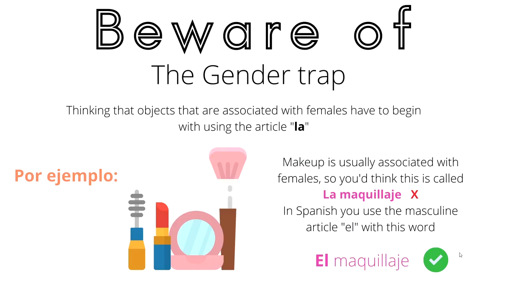And sometimes you think that objects associated with females have to use the article la. Por ejemplo, makeup is usually associated with females, so you think it's la maquillaje, right? But this is not so. In Spanish, you use the masculine article el with this word. So it's el maquillaje. So beware of the gender trap.